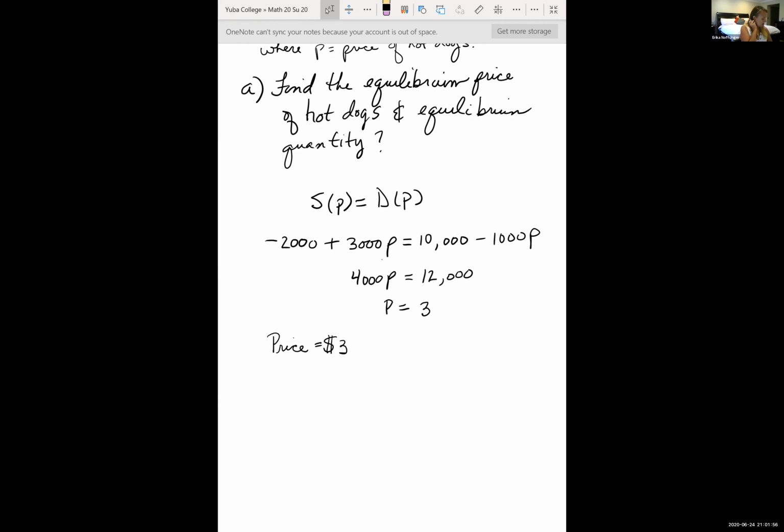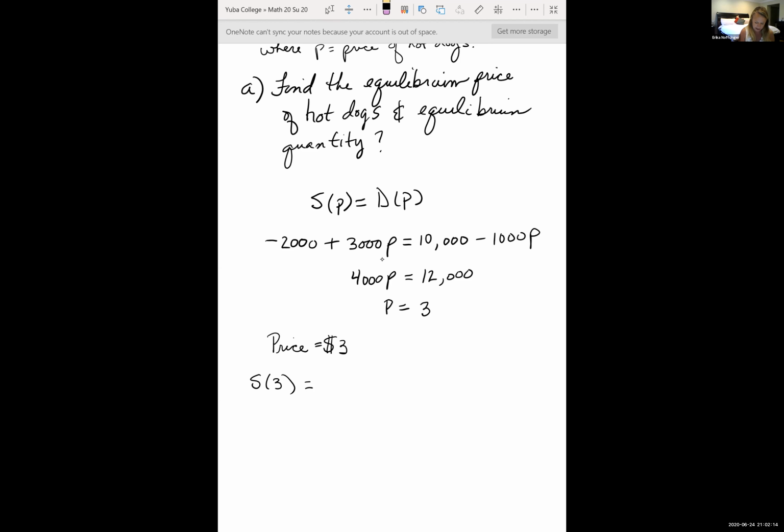So finding out the quantity, it doesn't matter which equation you use, because that price, $3, is the same for S of P or D of P. So we can look at S of 3, or you can look at D of 3.